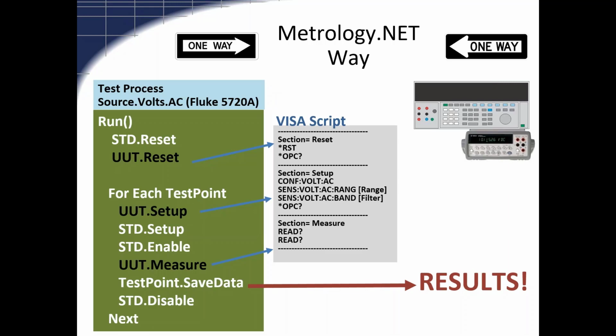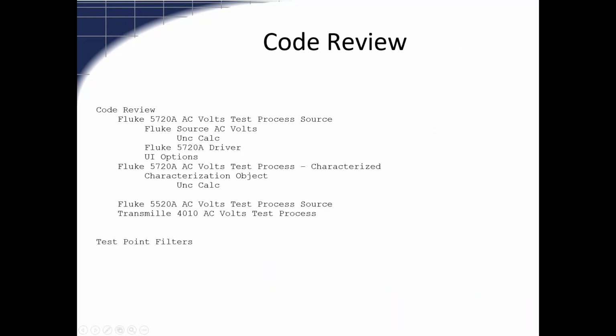So we write everything in Metrology.net this way: I get a set of data points, I run or process those data points, and push the results back into the server. However you want to write your code below this test process interface, you get to write that code any way you want to.